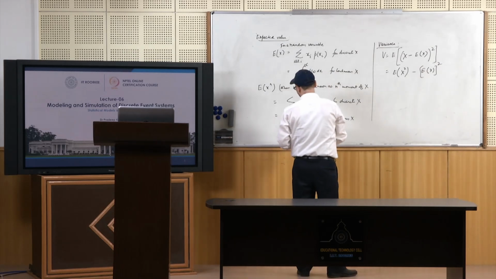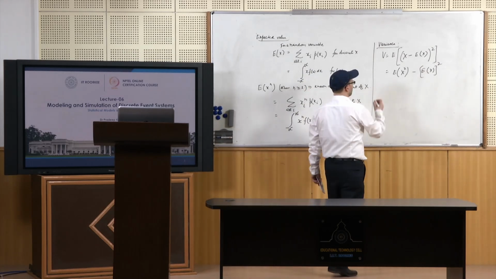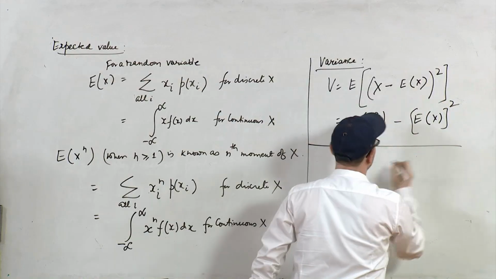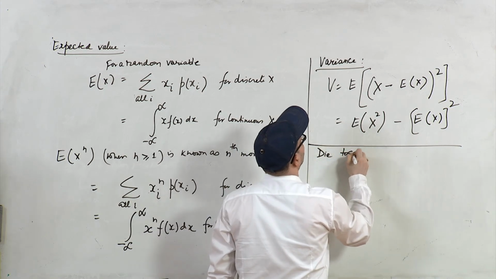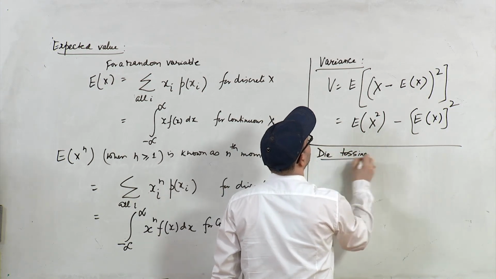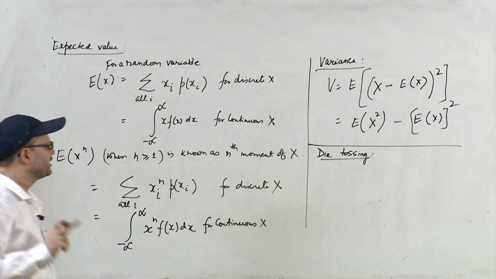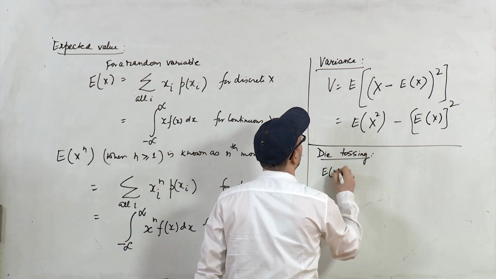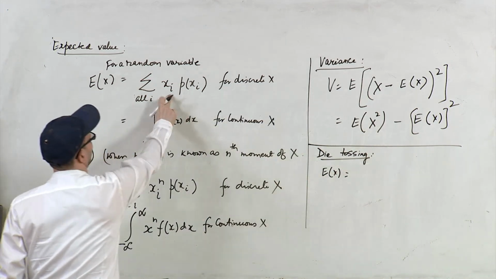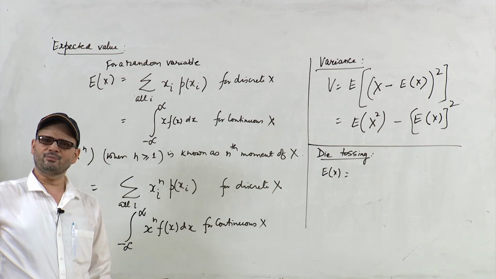Now, let us try to see how we calculate the mean and variance for the loaded die tossing experiment. The mean can be found by E[x], which is the summation of x_i p(x_i). So, x_i was 1, 2, 3, 4, 5 and 6.